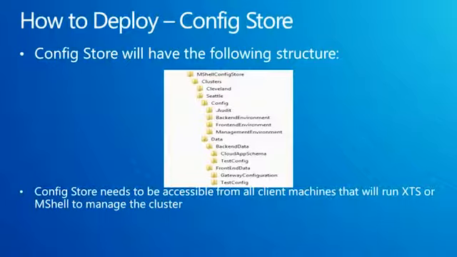Underneath that cluster name, there should be a folder named config, and underneath that folder, there should be one folder for each environment: backend, front end, and management. The application override XML files live underneath these folders. Cluster XML will live underneath the config folder.